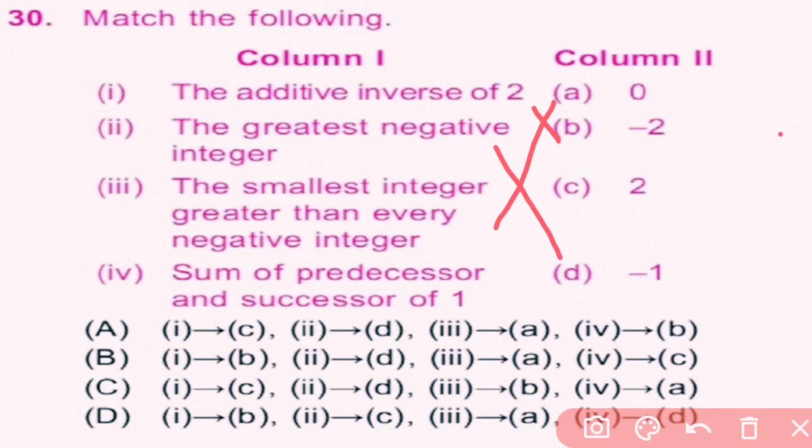And sum of predecessor and successor of 1. Predecessor of 1 is 0 and successor is 2 and their sum is 2. So C is right for 4. So here B is correct answer.